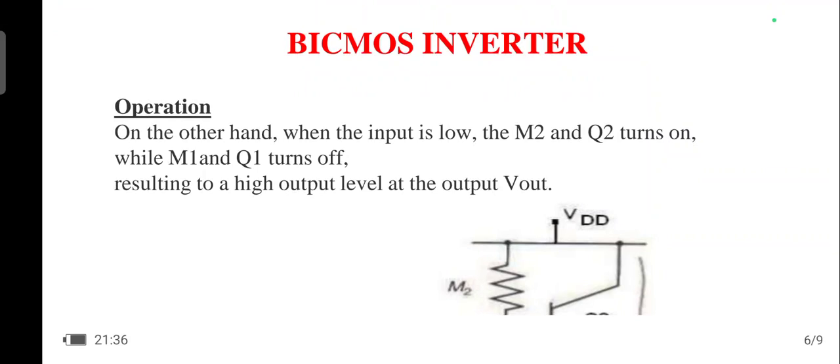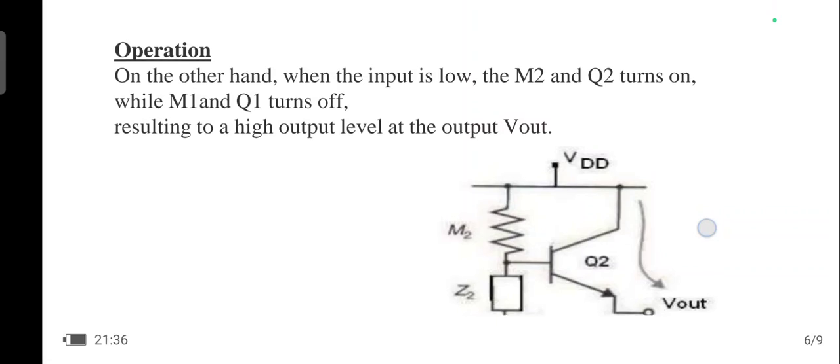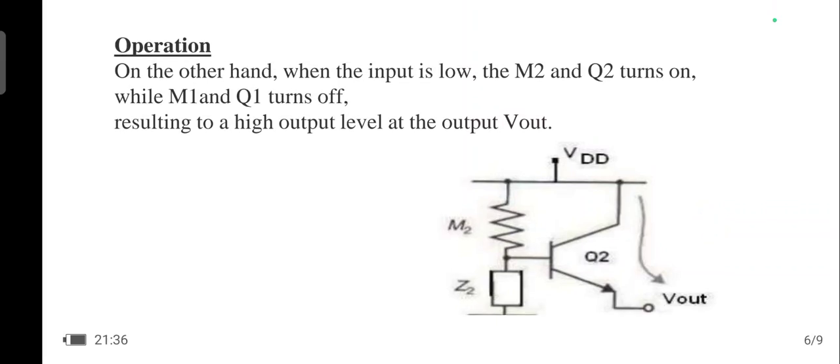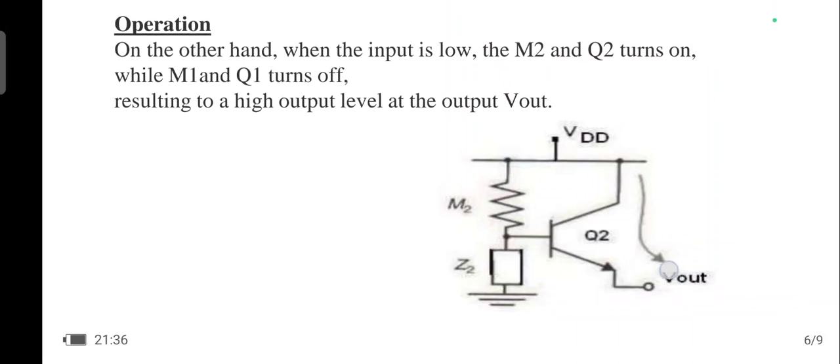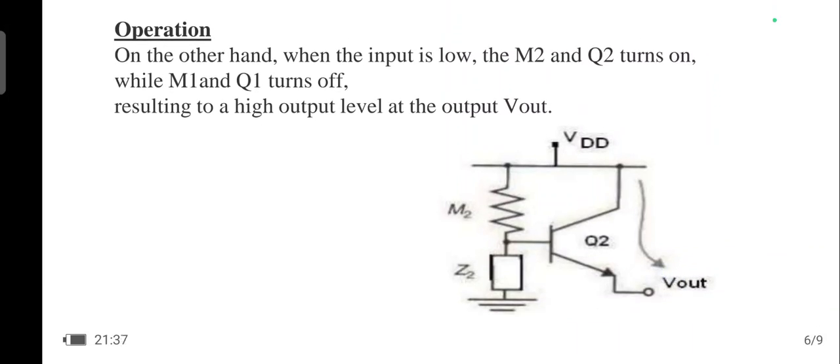It will cause the Q2 bipolar transistor to also turn on, because M2 supplies current to Q2, such that both M2 and Q2 are in conduction. They create a path from VDD to the output. So now the output is pulled to logic high, where we observe logic 1 as output, while the lower transistors M1 and Q1 are turned off. So we have observed the inverter operation of the BiCMOS inverter.